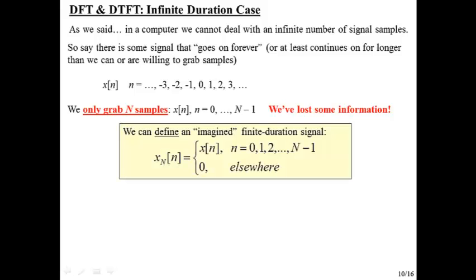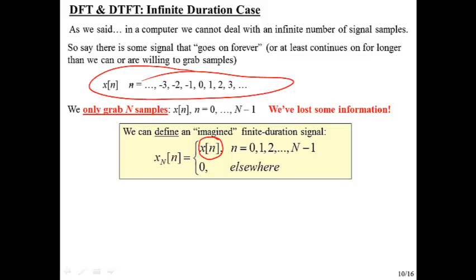So first what we're going to do is relate the real signal, the full duration, infinite duration signal, to the one that we can see. We can only collect N samples. So those two are equal to each other only over this range. But then what we're going to do is imagine that for the purposes of thinking about the summation that we're going to do, if we put zeros everywhere else and we happen to add up contributions of those zero elements, the fact that they're zero means that they're not contributing to the sum at all.